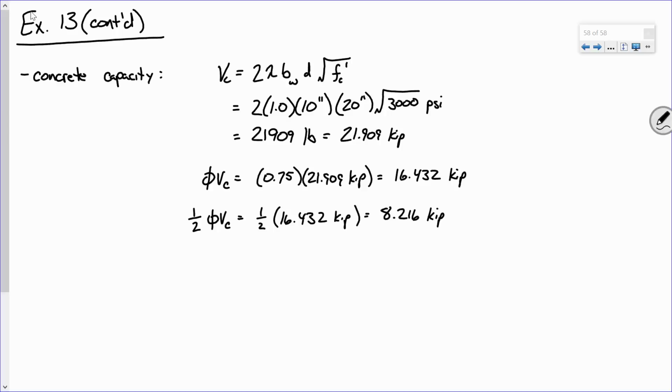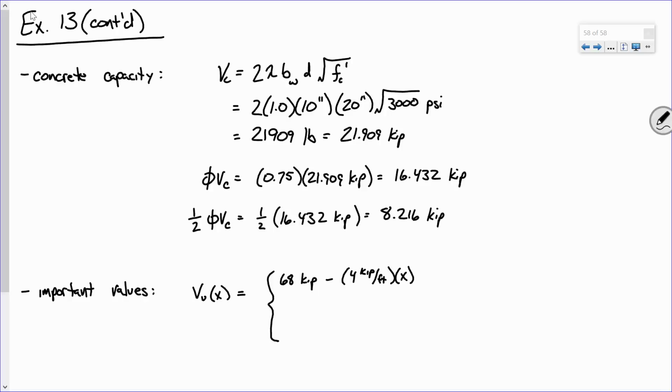Now, let's look at some important values. Before I start calculating these, I know I may be a little redundant, but I'm going to do it again. I'm going to say that VU of X equals 68 kips minus that, or 48 kips.